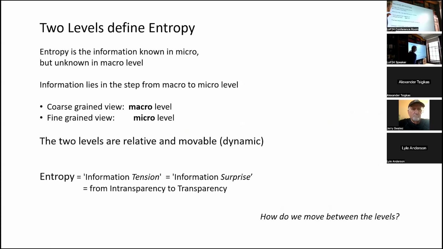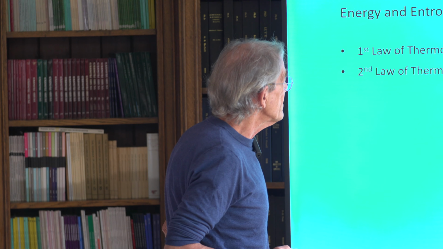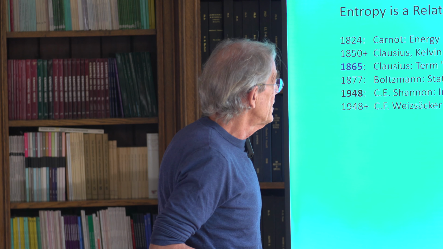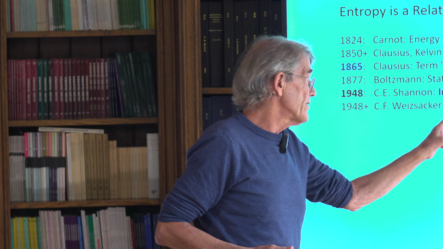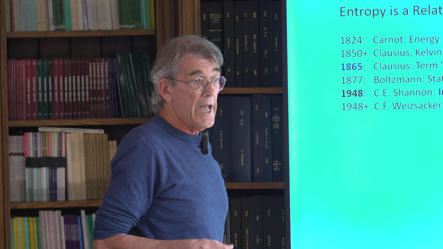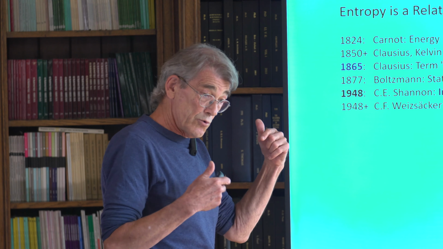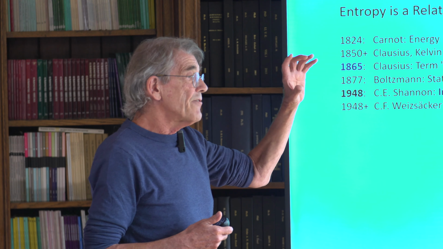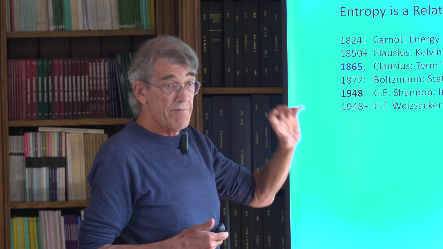If you talk on a fine-grained level, it's called the micro level. There are a lot of theories about these levels, like Weizsäcker and many others. And bit, by definition today, is the difference between the two levels.